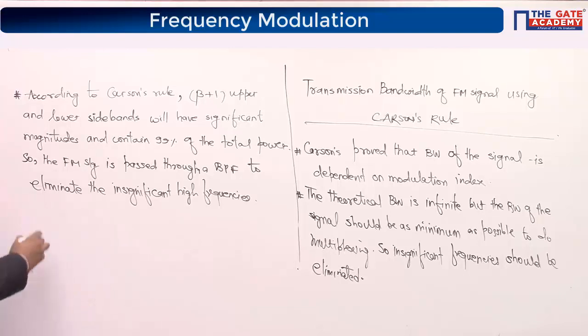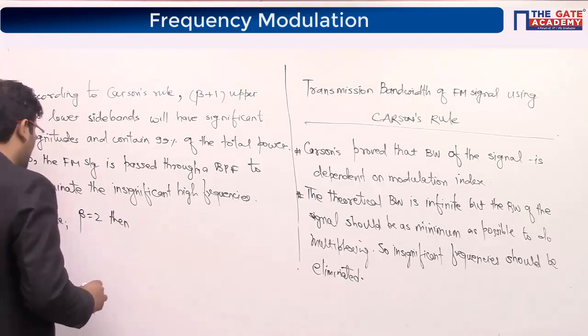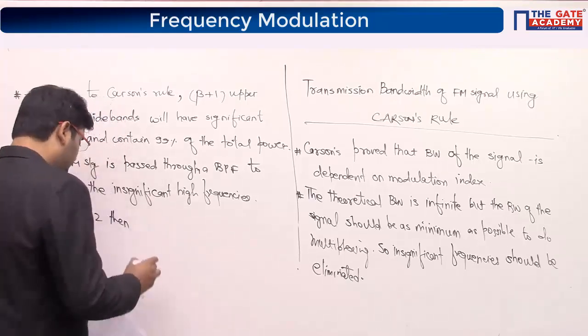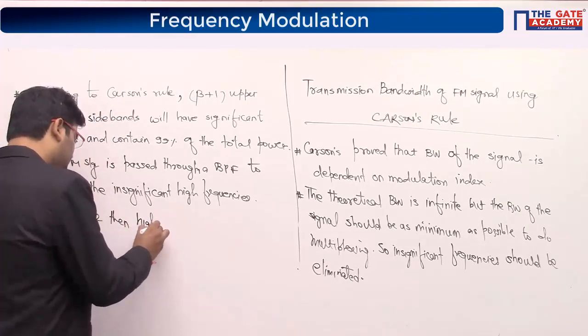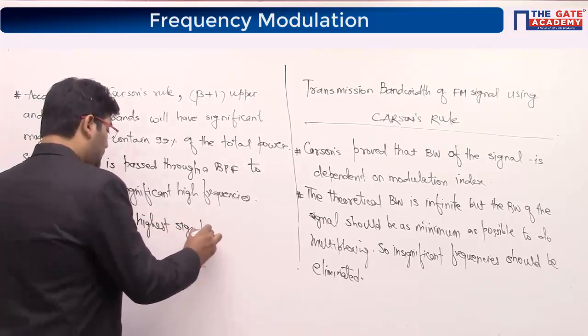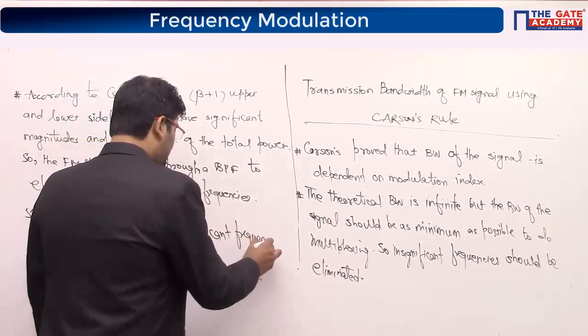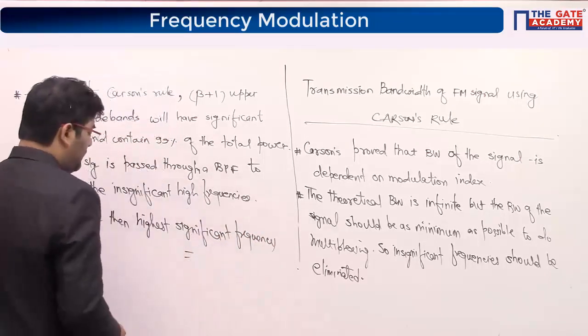Let me take an example. Suppose beta equals 2, then the highest significant frequency would be, so you know that, right?